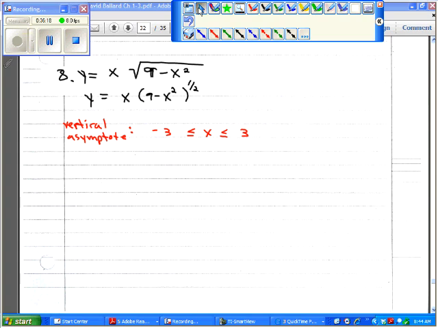Now, this is not a rational function, so we're not dealing with the degree of the numerator and denominator. We just have to realize that there's a domain limitation.